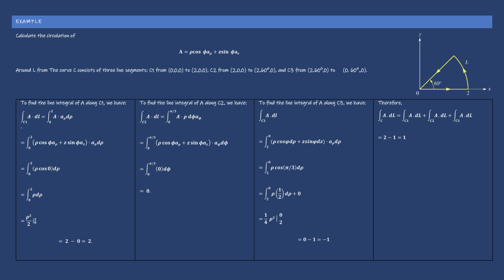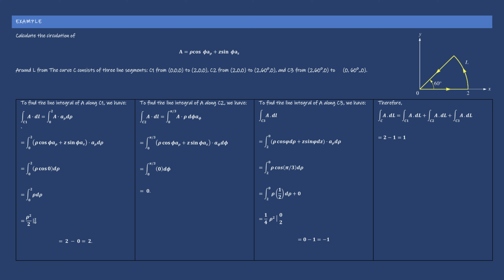We are given a vector field A in cylindrical coordinates, which is rho cosine phi times the unit vector a rho plus z sine phi times the unit vector a z. We are also given a curve C that consists of 3 line segments. C1 from the origin to the point with coordinates 2, 0, 0.